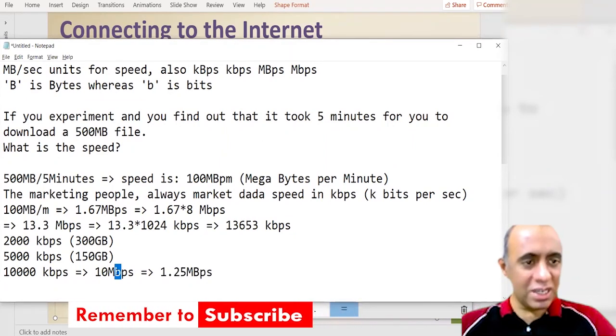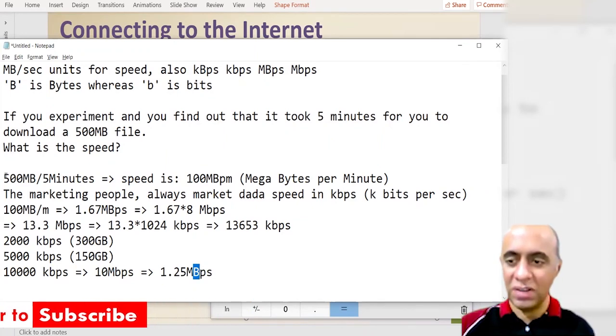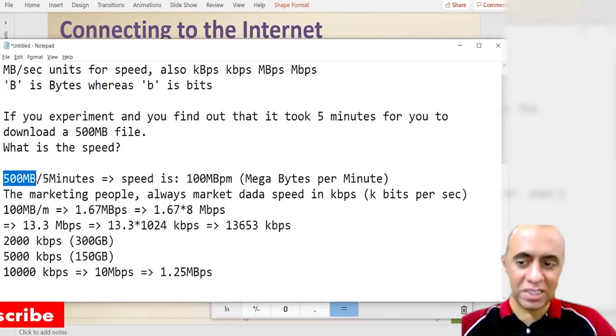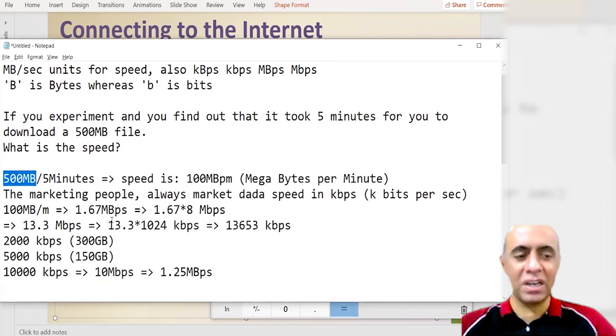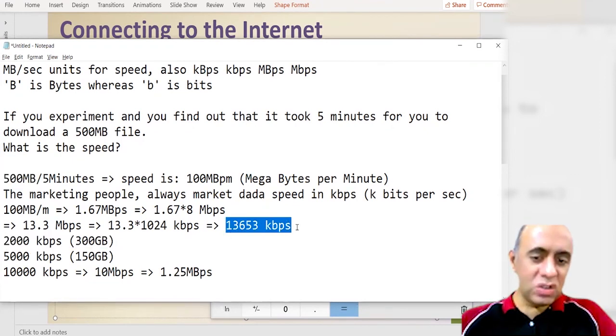Why are they telling us bits? They should be telling us in bytes, because you always say that my file is 500 megabytes. You never say that my file is like 1000 megabits. So that's a wrong number to use. The only reason they do it is because they want their numbers to look very big, so that the consumers, the clients, are attracted to that number.